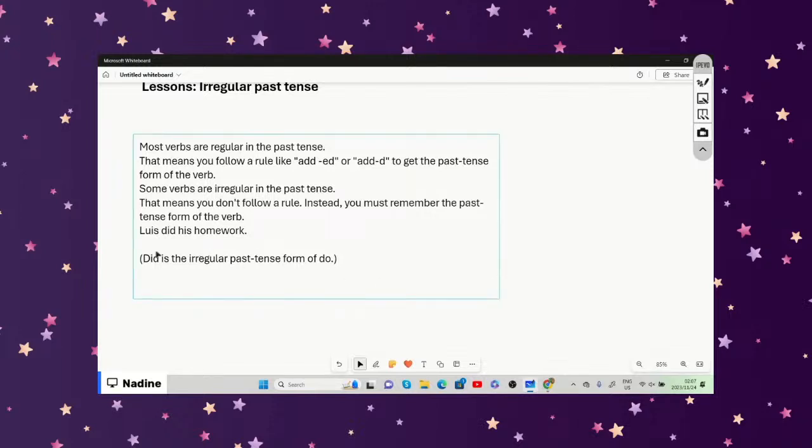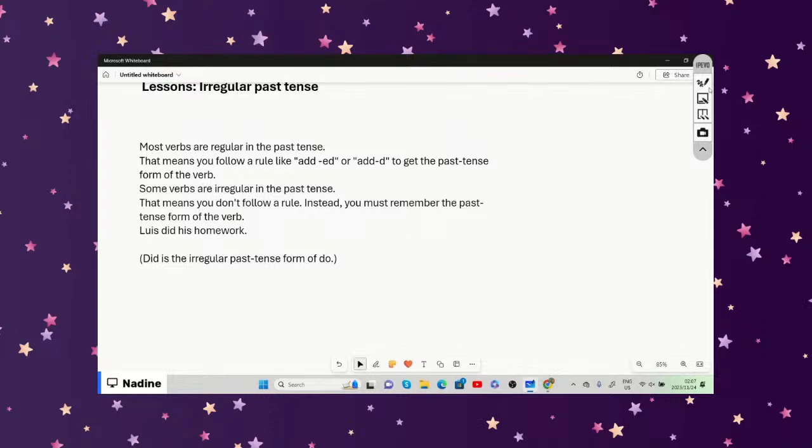For example, here it says Louis did his homework, right? And basically, did is the irregular past tense form of do, which means that in the present, Louis does his homework, but in the past, he did his homework.